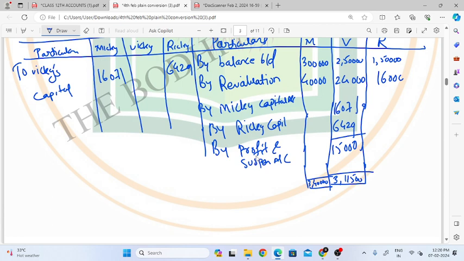And then with regards to Ricky, we are getting 1 lakh 50 and 16,000, which comes to 1 lakh 66,000.